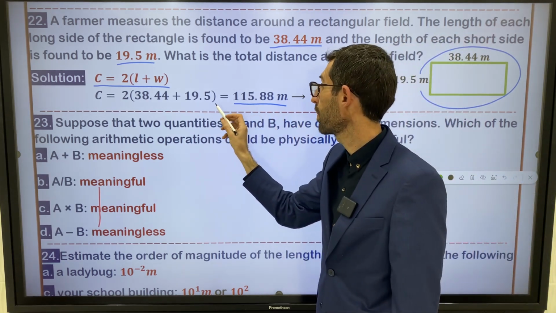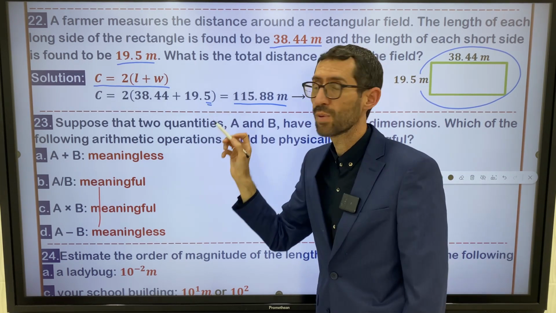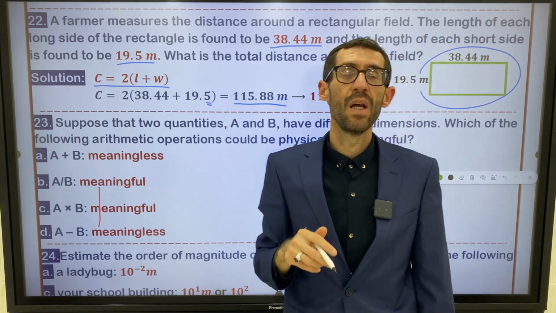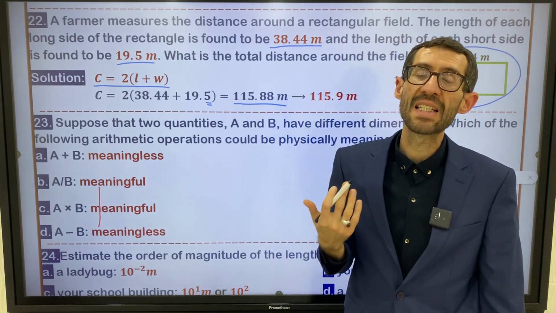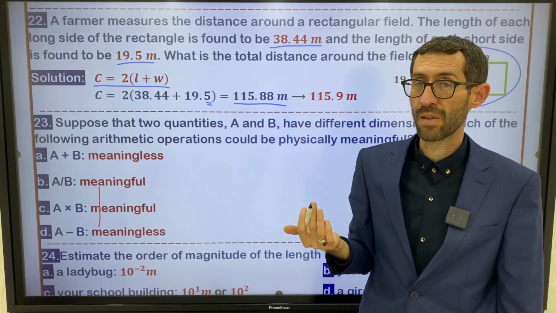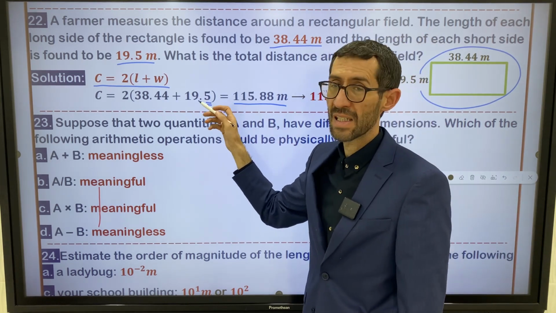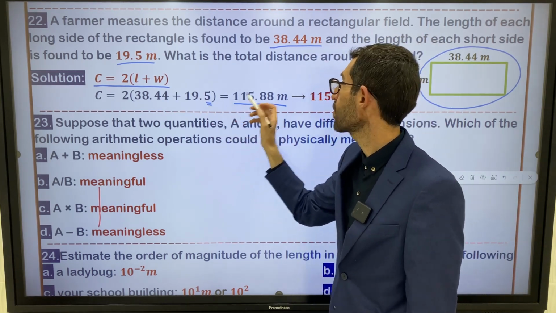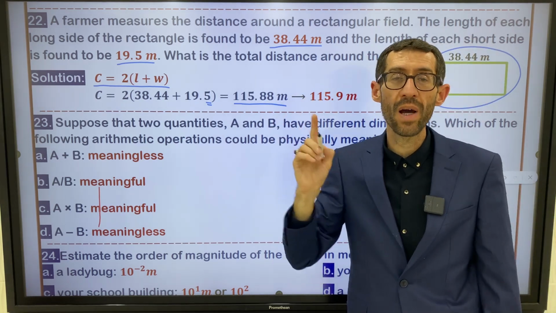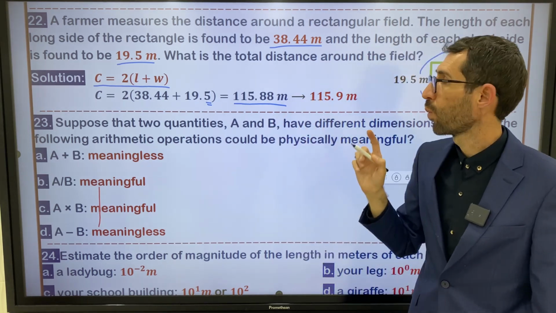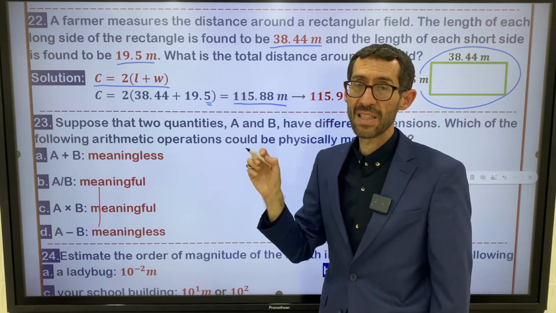That's why you have to focus on what? We have to focus on the figure with the least decimal places, right? Which one has the least decimal places? This one. That's why the answer should contain only one decimal place, one figure after the decimal point.